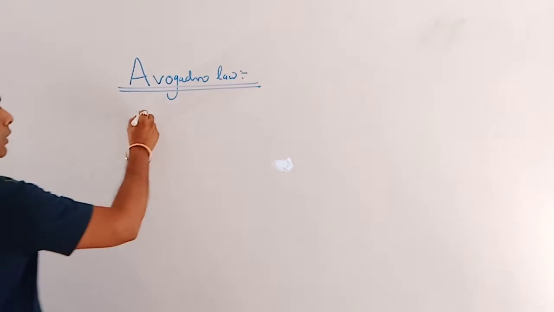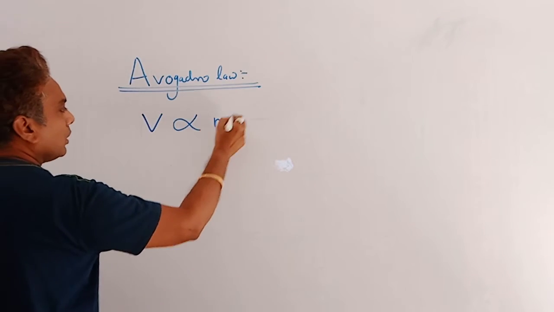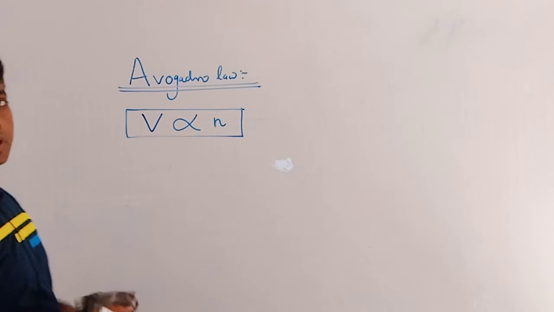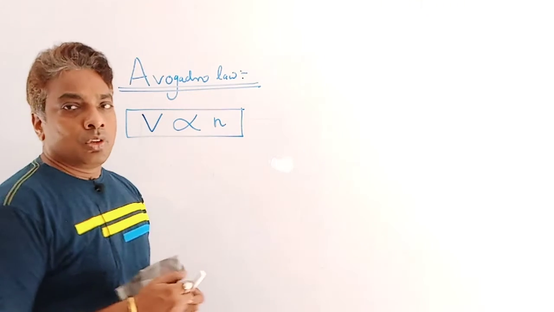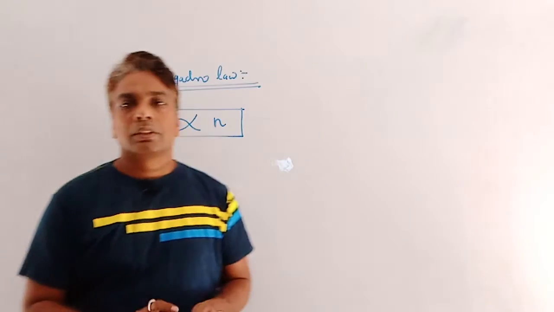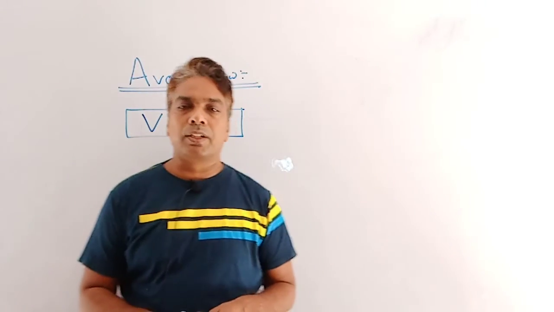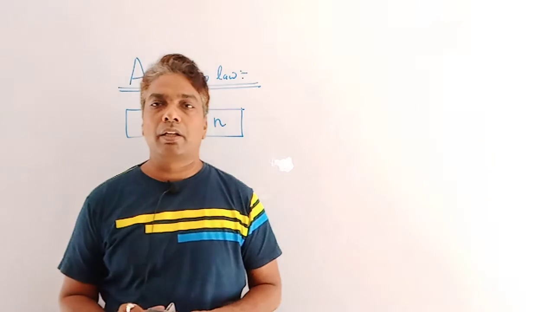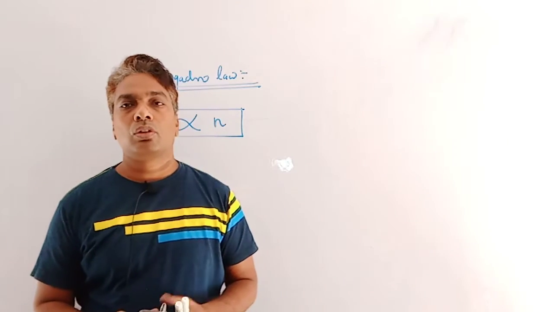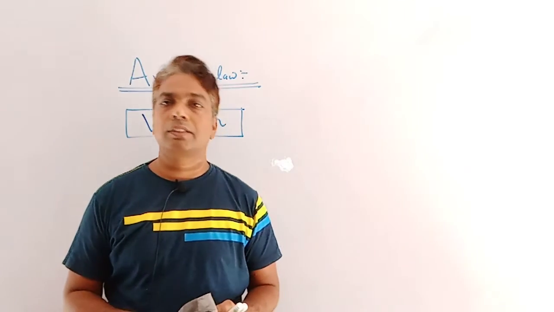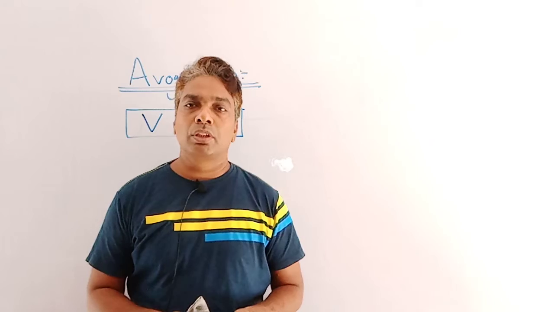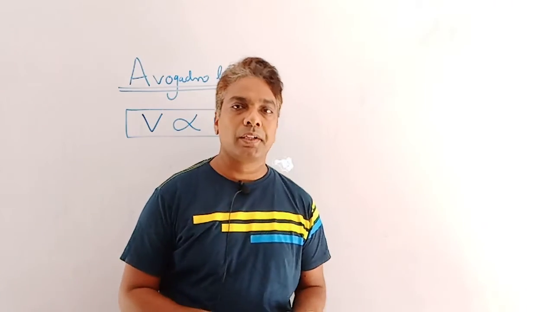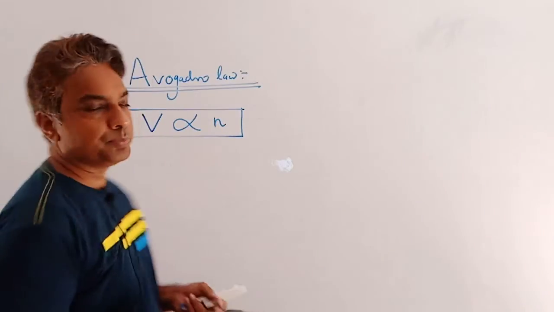So here V is directly proportional to N. This is according to Avogadro law. Clear? So here we have discussed 4 different laws. One is Boyle's law, second is pressure law, third Charles' law, as well as Avogadro law. And by using these laws, now we will define the ideal gas equation.